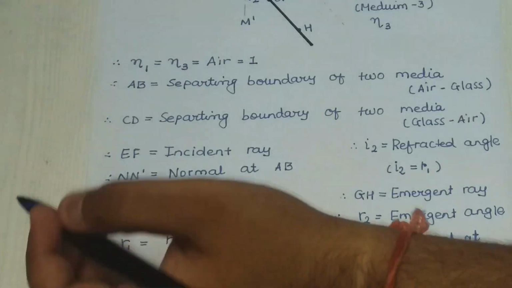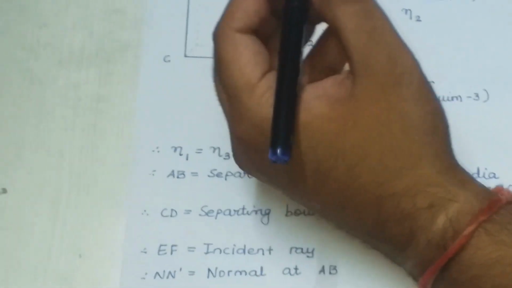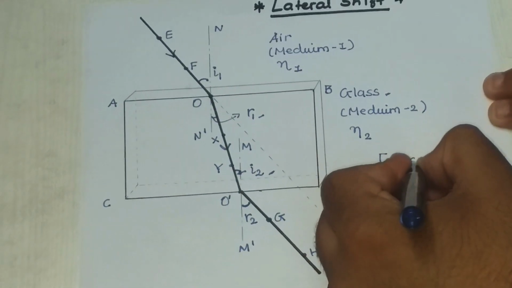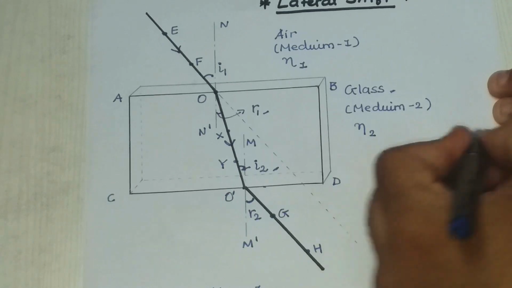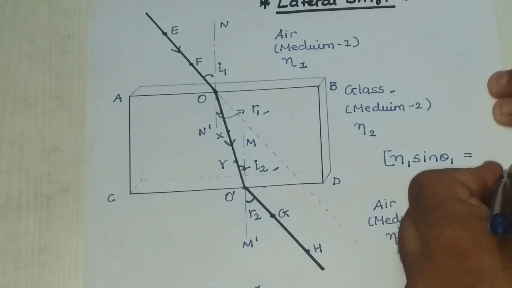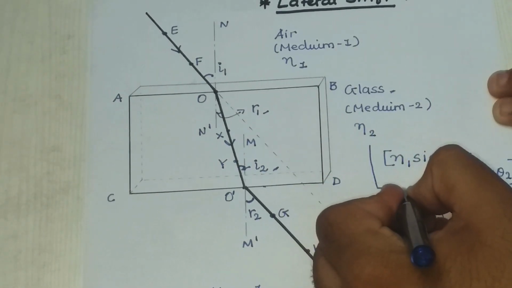So what is Snell's law? It is nothing but eta 1 sine theta 1 is equal to eta 2 sine theta 2. So this is Snell's law.